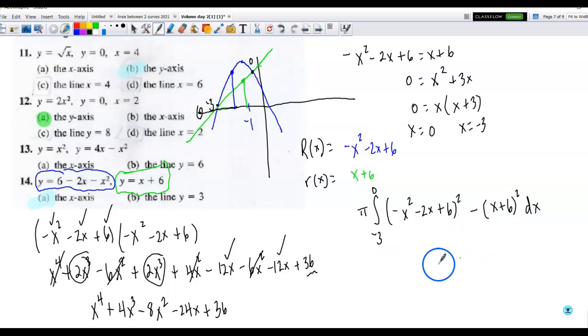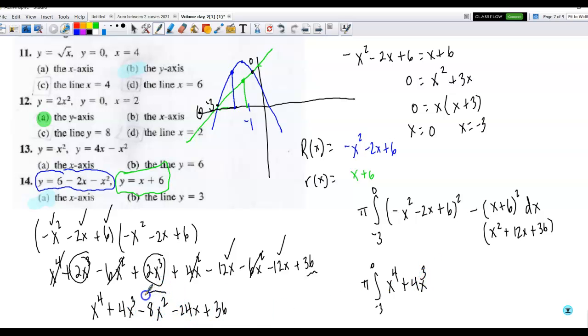So here, when I square that binomial, I'll get x squared plus 12x plus 36. All right, so let's see if I can get those things combined. All right, so I have x to the 4th. I don't have any cubes back here, so I have plus 4x cubed. Now I'm going to try to go carefully.